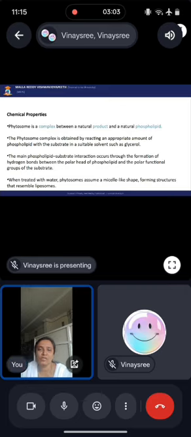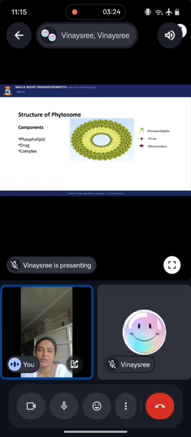Next, coming to the structure of a phytosome, it consists of a phospholipid and a drug, as well as the complex.